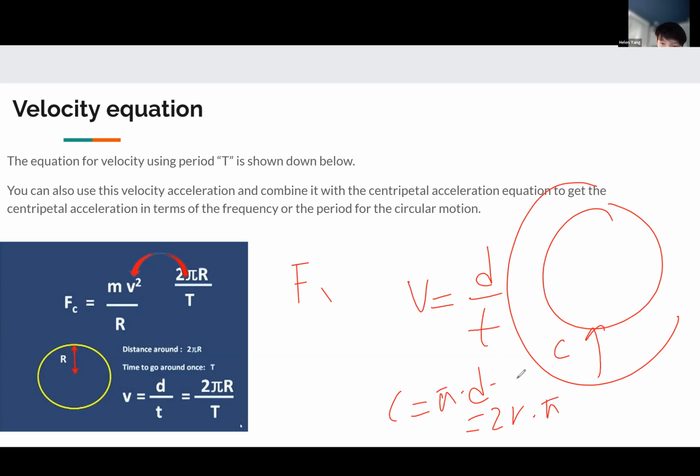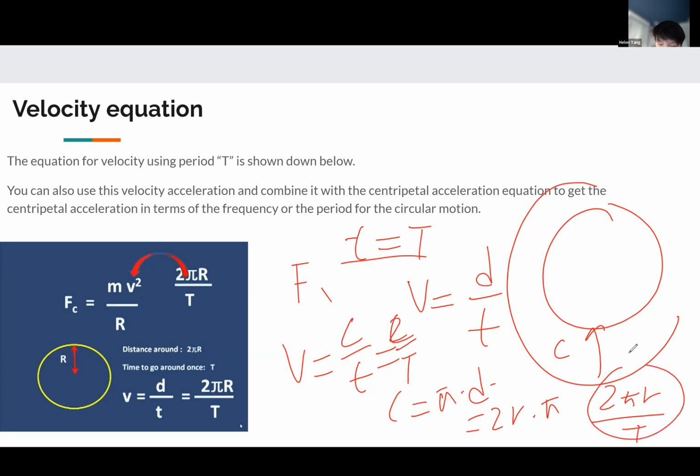So we write this equation as v equals the circumference divided by the time. The time for a circular motion is also the same as the period. So it'd be C over the period, so 2 pi r divided by the period. And that's also an important equation to know when talking about circular motion.